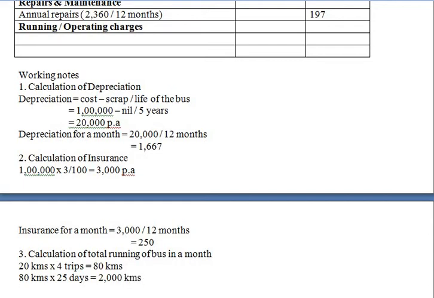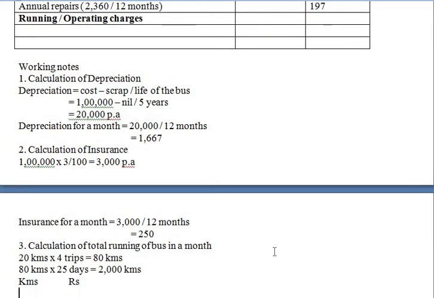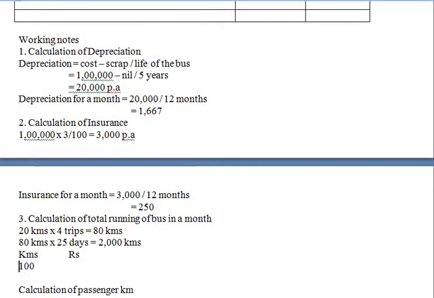Yes. Now here cross multiplication we can make, kilometers and rupees. Now for 100 kilometers it is 250. So this is given in the problem. Now for 2000 kilometers, how much will be the amount?